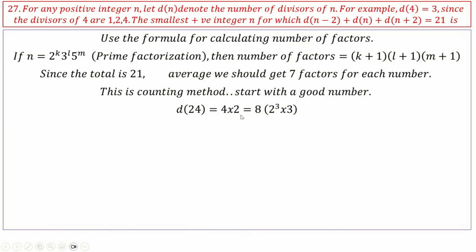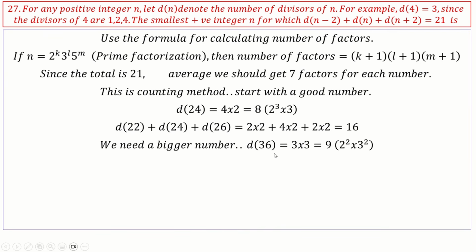Now if this is 24, I have to go to 26 and 22. So d22 plus d24 plus d26, if I check, is very small, just 16, not close to 21. So take another number.